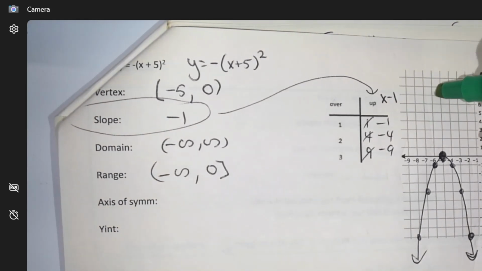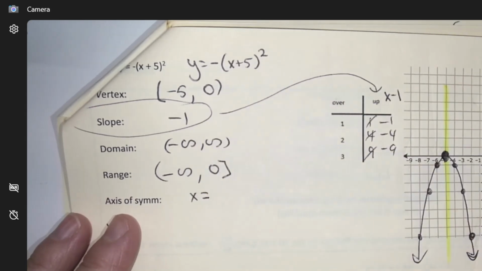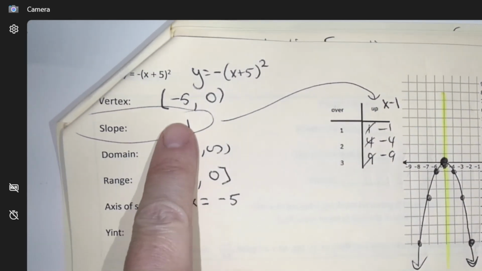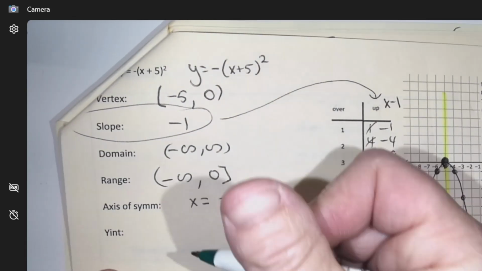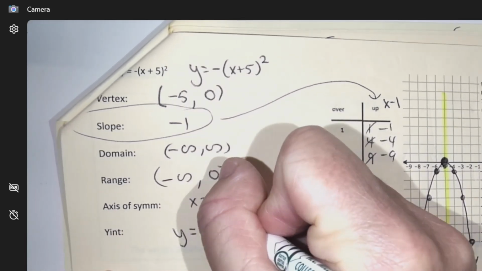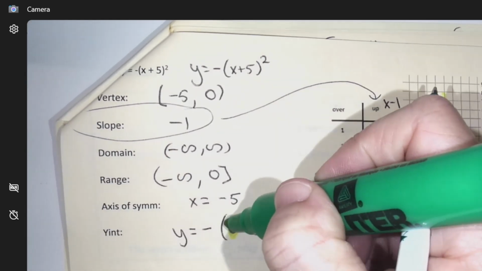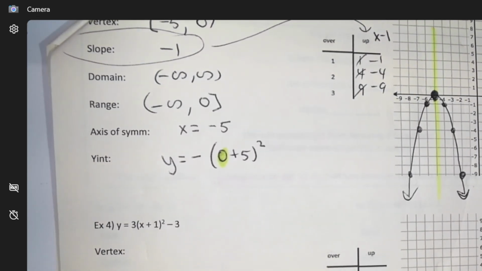Axis of symmetry, if you could magically cut it in half, what does it always start with? X equals -5 is always the number we're going through, the vertex number. Okay, the y-intercept is me always making x 0.